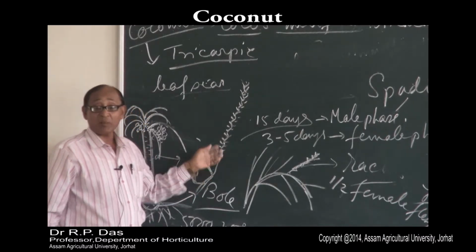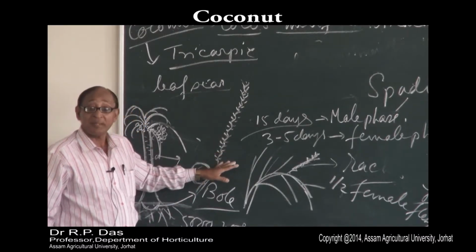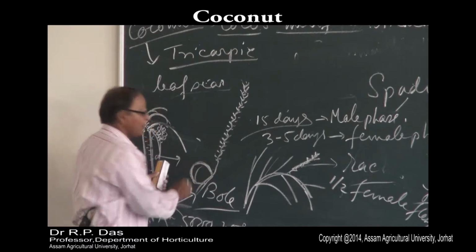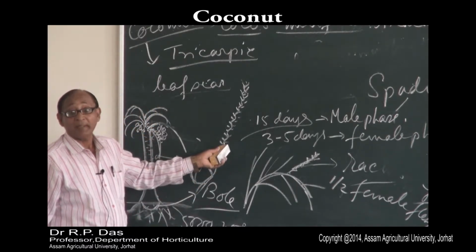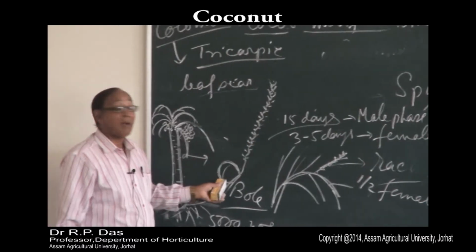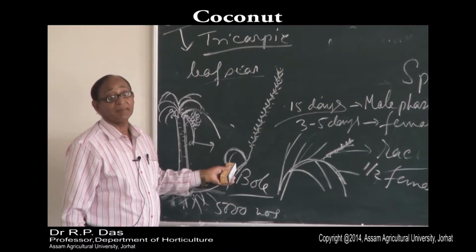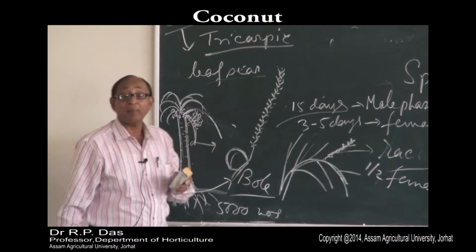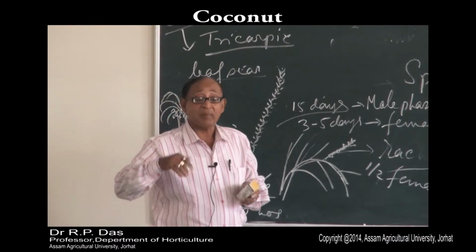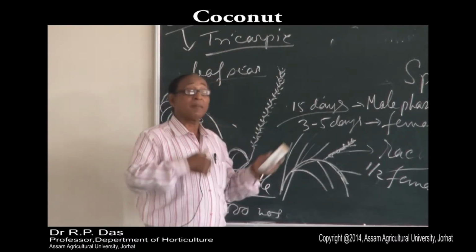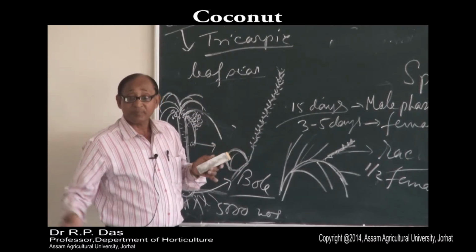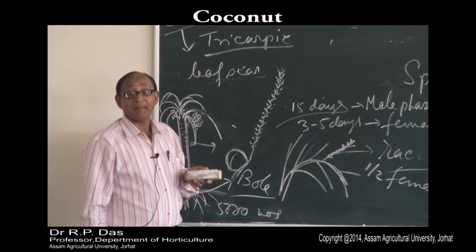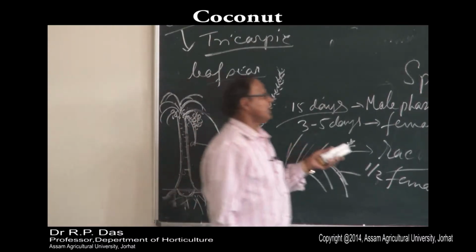Then after completion of the male phase, after 15 days, female flowers open. So there is no pollen for fertility of the female flowers. Then it has to depend upon the pollen grain from the nearby plants or from the inflorescences developed in the subsequent months. That's why it is cross-pollinated.